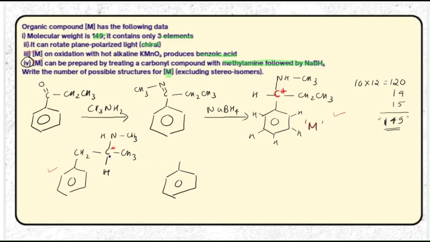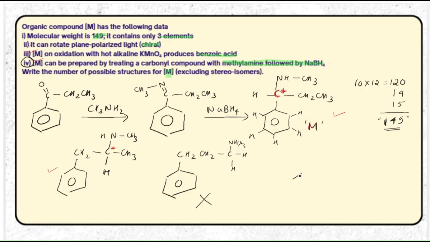What if I take the carbonyl here? So that means CH2, here instead of a carbon-oxygen double bond, that means an aldehyde. I'll take it like this, NHCH3, hydrogen and hydrogen. All the statements will be obeyed except for the chirality. There is no chiral carbon here, therefore this cannot be the structure.